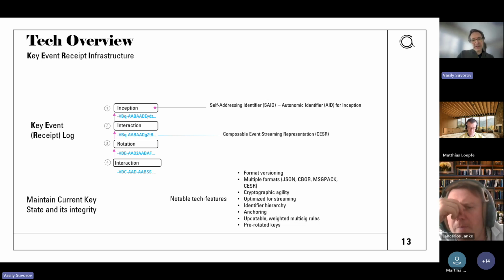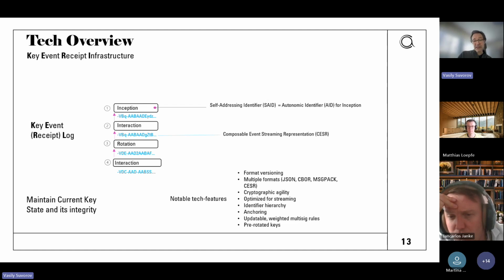And basically, if we were to summarize some of the things that we're getting out of this, we have a format versioning of these events. We actually can theoretically store events in different formats like JSON, CBOR, and so on. However, only JSON is used for the events for the vLEI ecosystem, and CESR is used for cryptographic data.